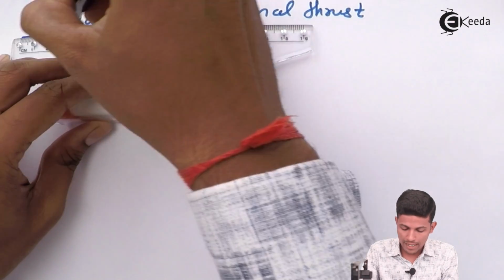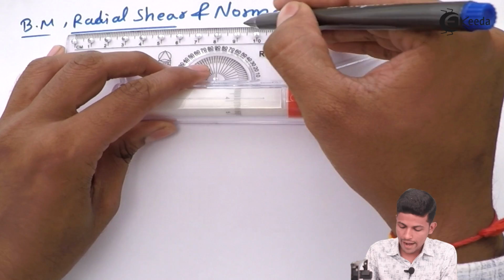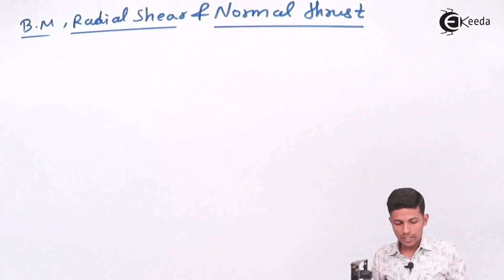Now we are finding bending moment, radial shear and normal thrust over here.